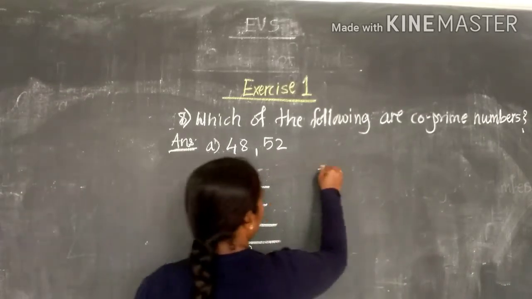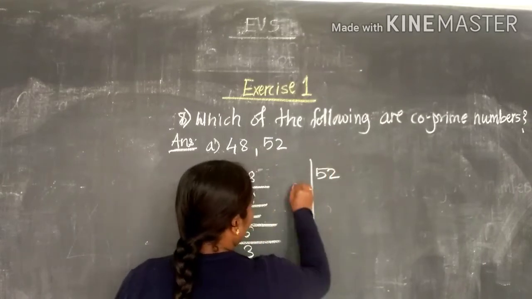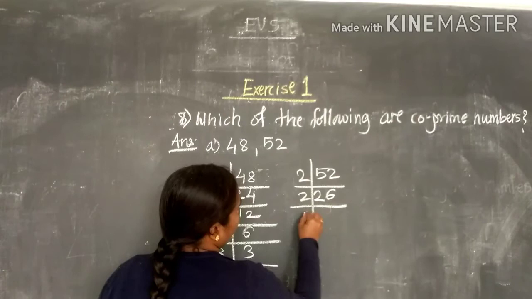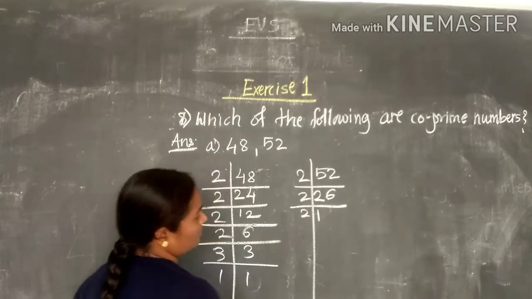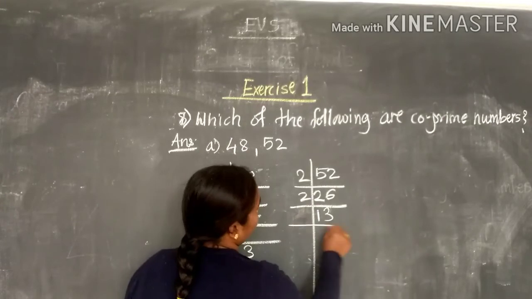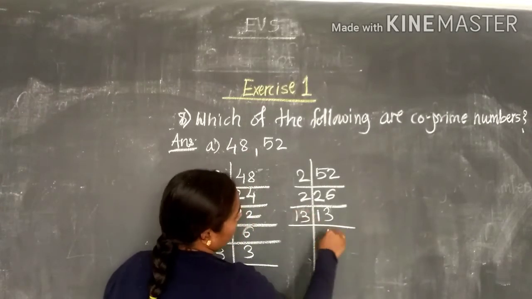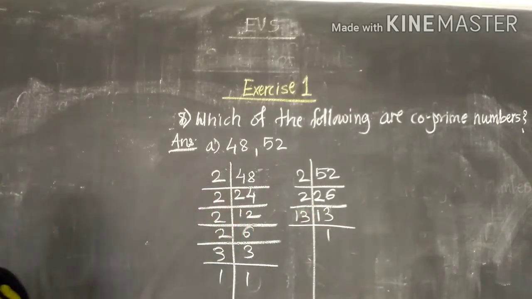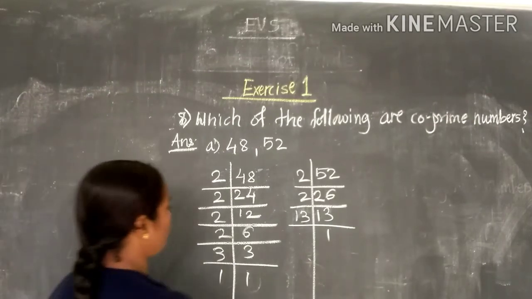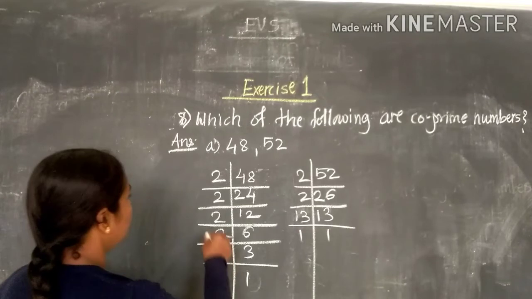Now we take 52: 2 2s are 4, 2 6s are 12, 2 1s are 2, and 13 1s are 13. Which are the common factors that we have to see?